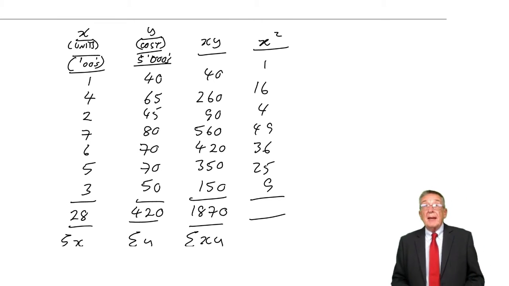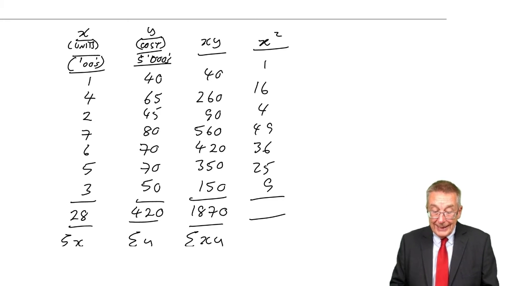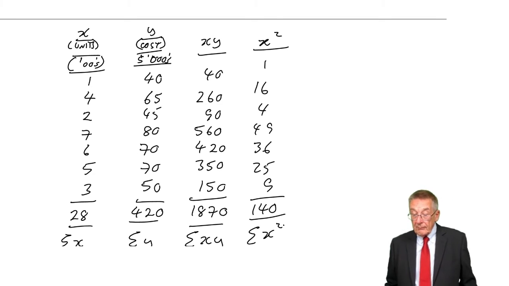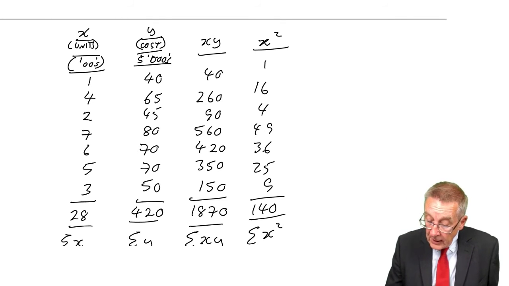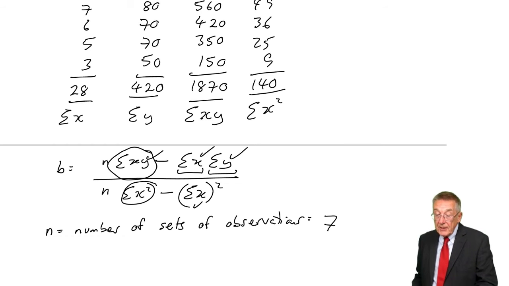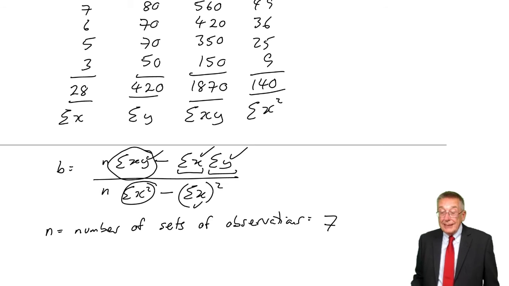In each case, I've squared x, add them up, and we get 140, the total or sigma x squared. So I've now got everything I need for the formula. We've got sigma x, sigma y, sigma x squared, sigma xy, and n is 7.